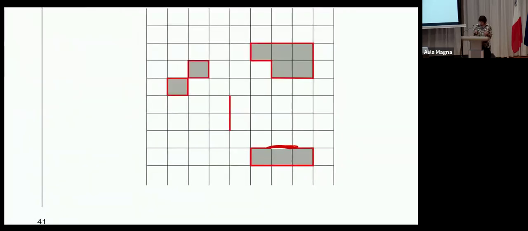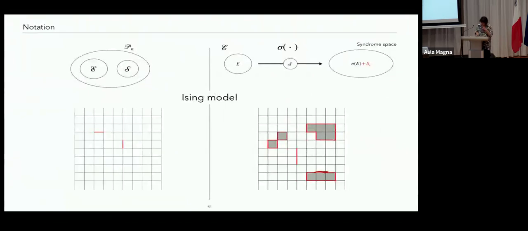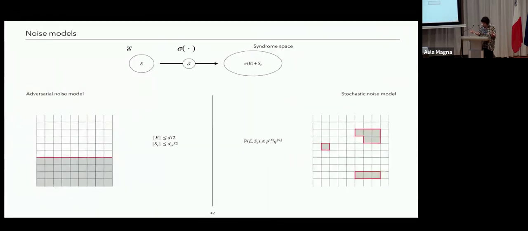And this is the idea behind single shot. What I mean is that you have a system where you have an understanding of the relationship between the error itself and the syndrome. And if you have something like this, then you can, under some noise assumptions, correct for errors without repeating the measurements.